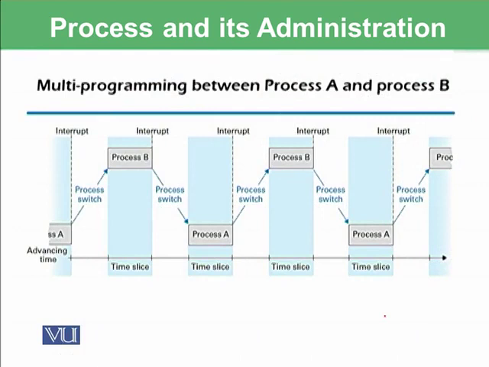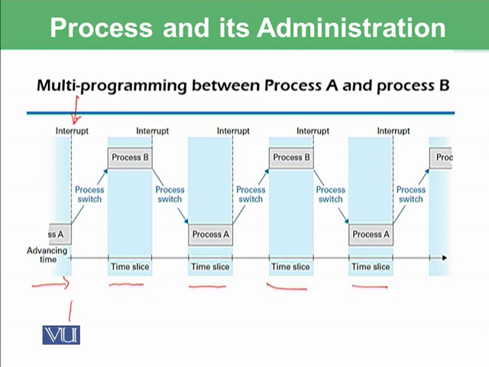This is a pictorial diagram for multi-programming between process A and process B. These are the time slices for which these processes are executing. First of all, process A is executing, and the time circuit is activated. When the time circuit reaches the time slice, for example 10 milliseconds, it gives an interrupt.